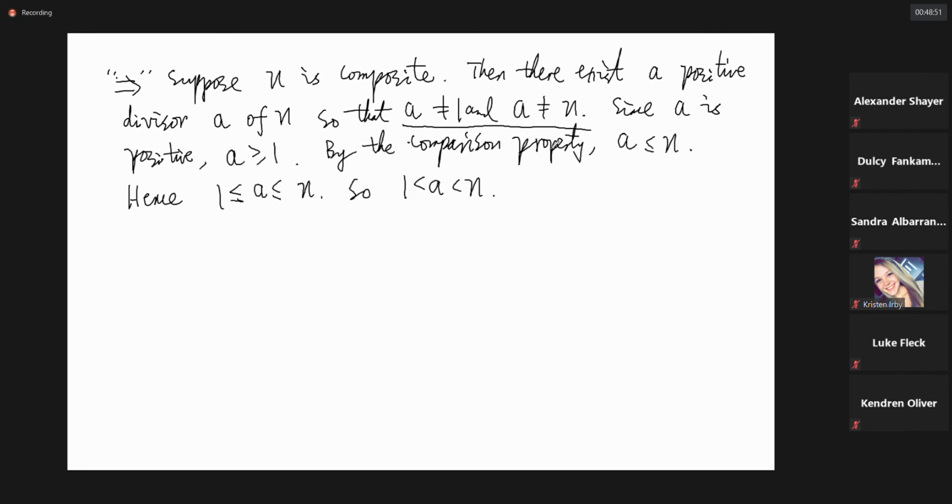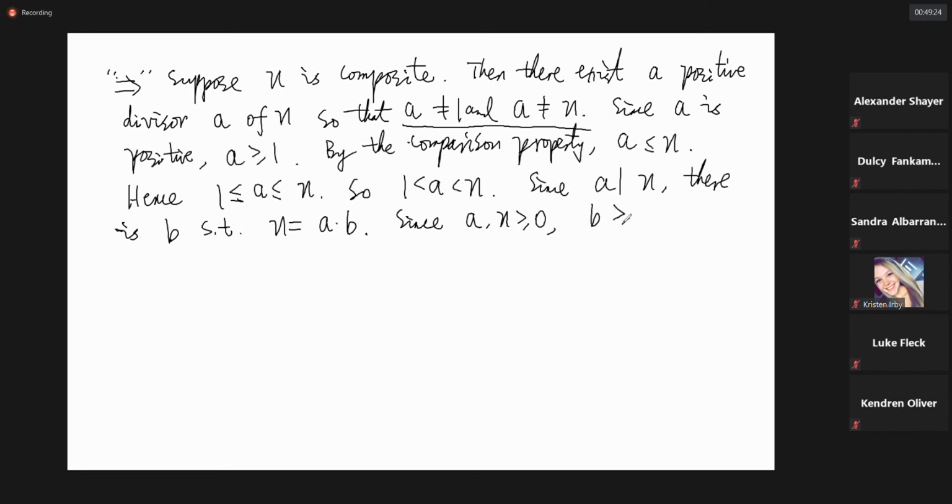Now, since a is a divisor of n, since a divides n, there is a b such that n is equal to a times b. And since both a and n are positive, we know that b has to be positive.